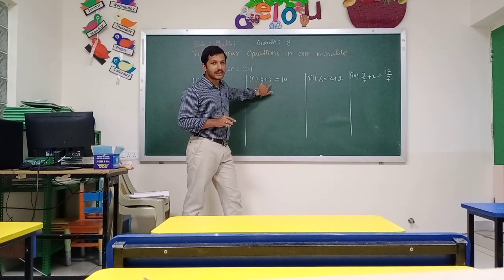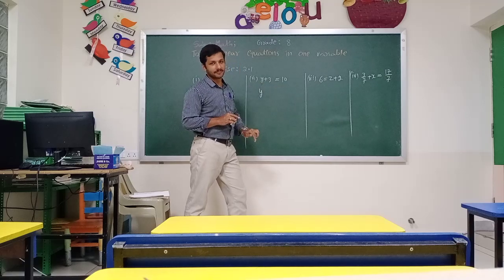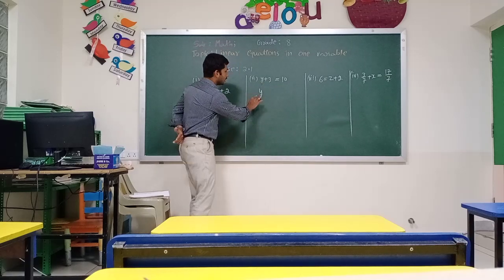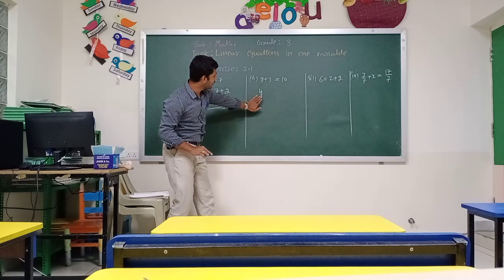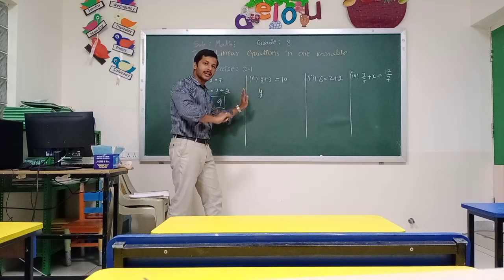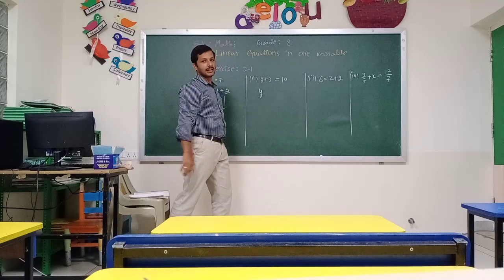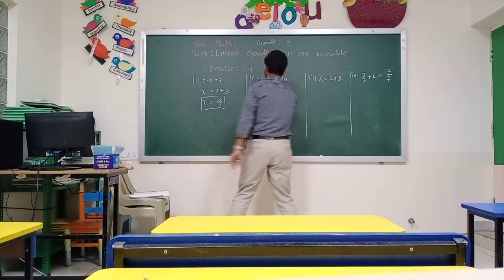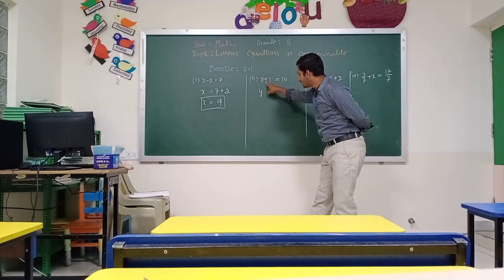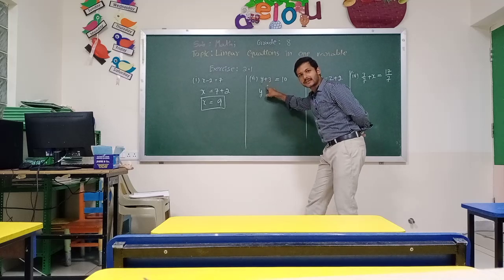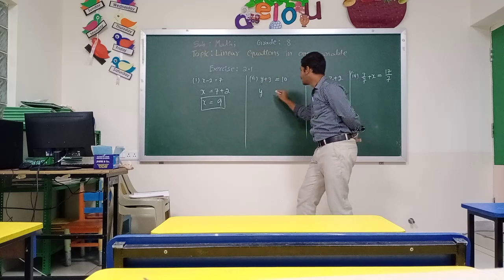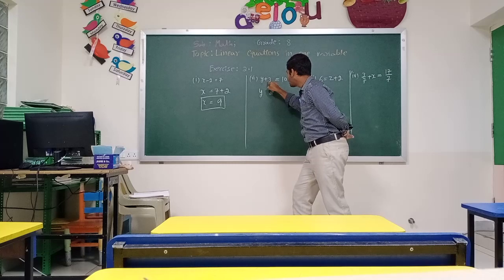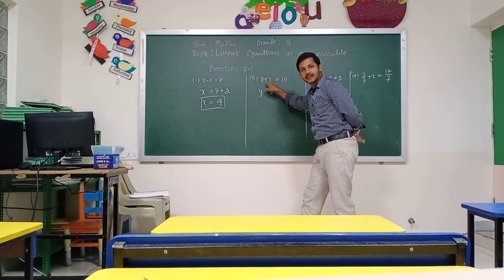Second problem, that is y plus 3 equal to 10. As we know, leaving the variable on one side, we transfer everything else to the other side. Here also we will do the same thing. Now we have 3 here. We need to transfer 3 to the other side.